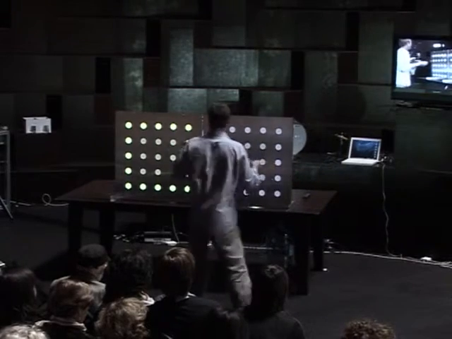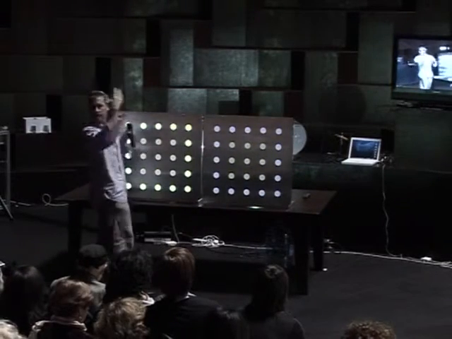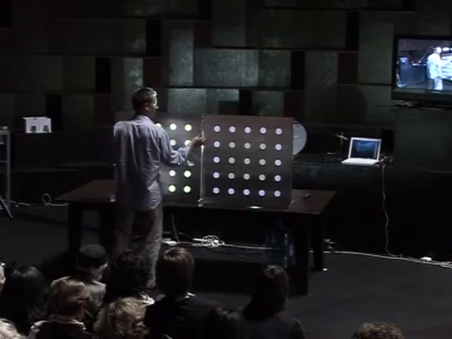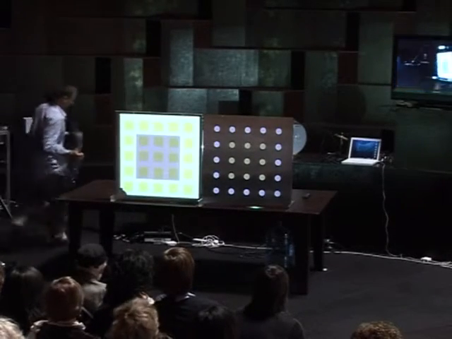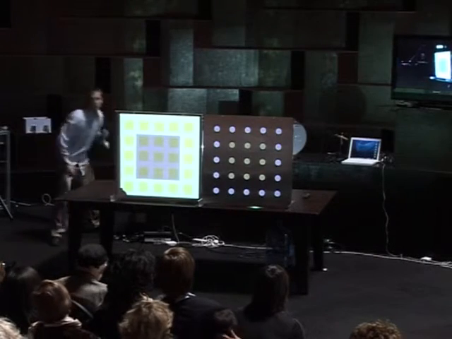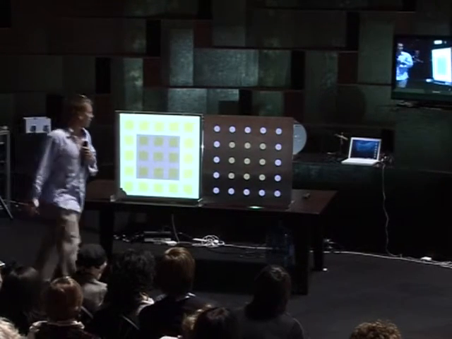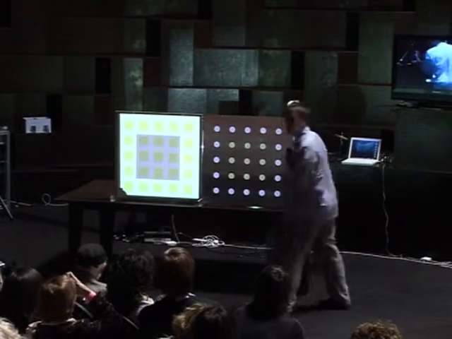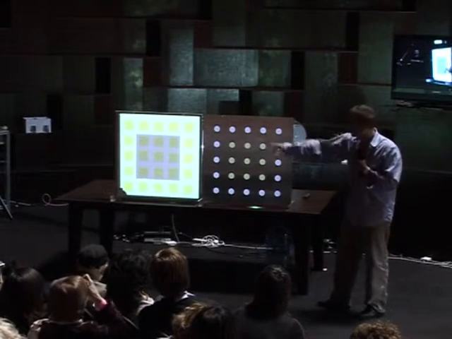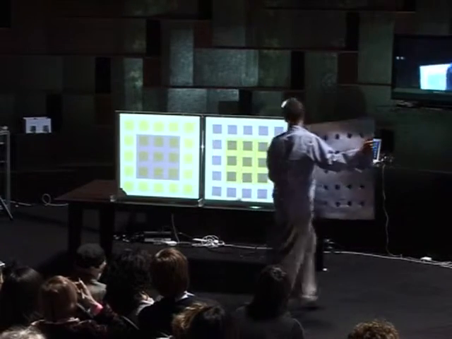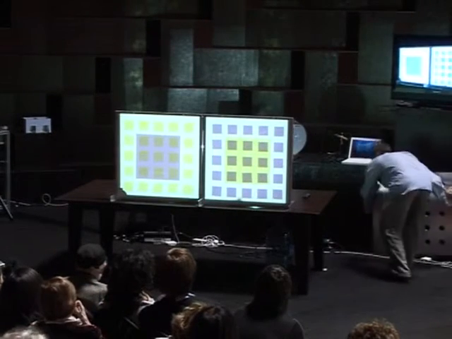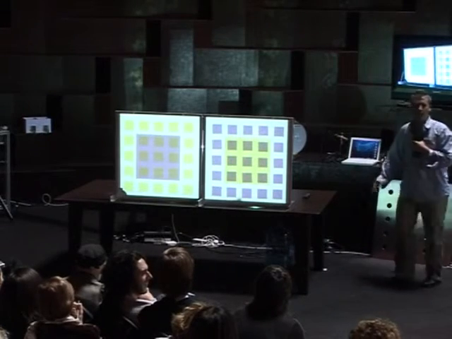So now, if we take off the masks and reveal the rest of the scene, what you see here are green surfaces, yes, 25 green surfaces, including the 9 in the middle. And what you see there are purple surfaces, 25 of them, including the 9 in the middle.